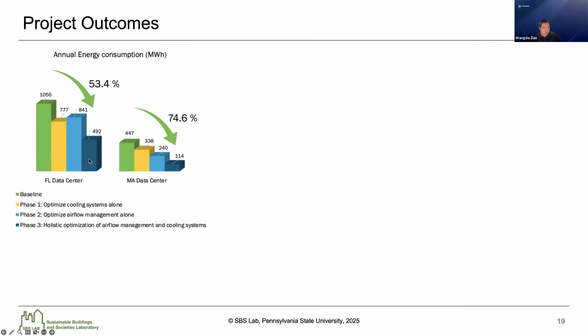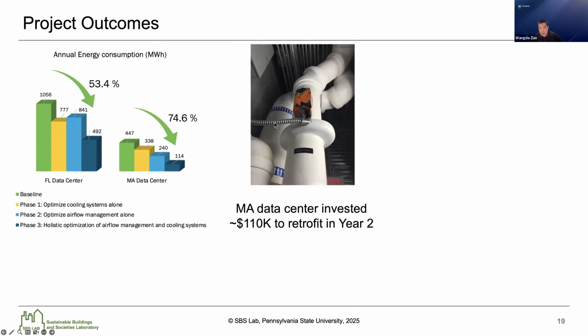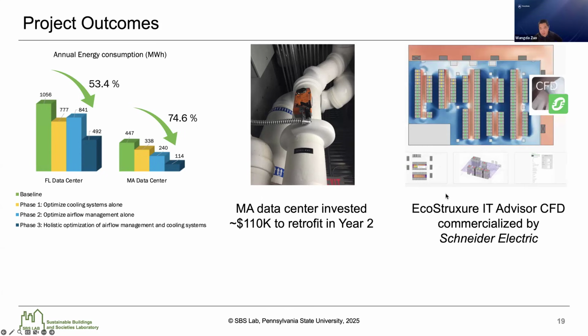For the one in Florida, we get about 53% saving. In Massachusetts, we get about 74% energy reduction. And in Massachusetts, they retrofitted the data center. That's a tool Schneider commercialized, EcoStruxure IT CFD Advisor.